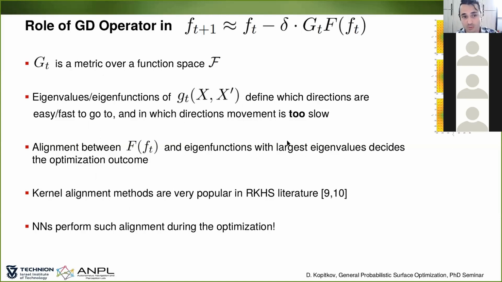And the main part is to understand that the alignment between the steepest direction and the top eigenfunctions is basically what defines the optimization outcome. So if they are aligned well, so if the steepest direction towards our global minima is inside these top eigenfunctions of the model kernel, then we basically can achieve our global minima.